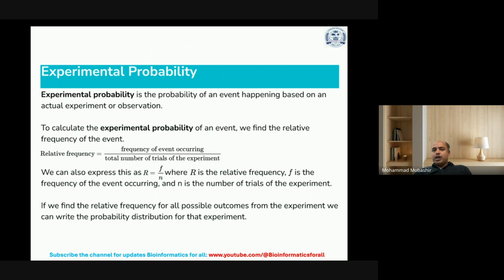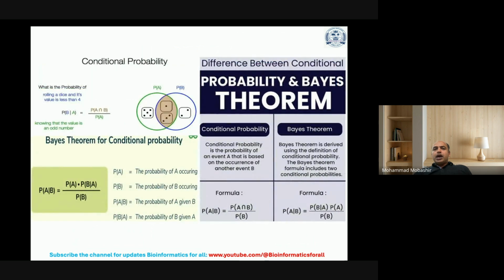This is how you can represent it. Now, conditional probability. What is the probability of rolling a dice and its value is less than 4? Let's see here. This is one of the examples. So this is the formula for how you can write it, knowing that the value is an odd number.